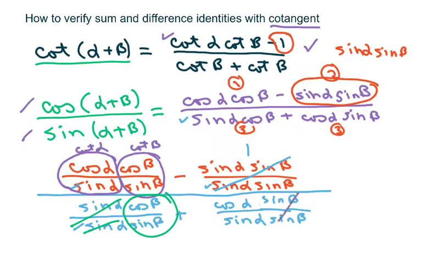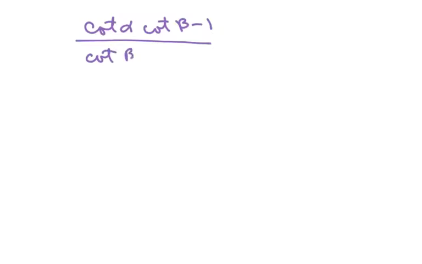So that's going to cancel out, and we get cotan of beta. So let me write that out. When you divide everything out, you're going to get cotan of alpha, cotan of beta, minus 1 over cotan of beta minus cotan of alpha. So that's our final answer on that.